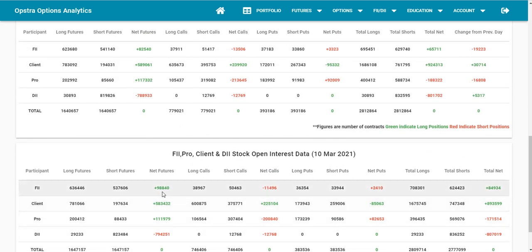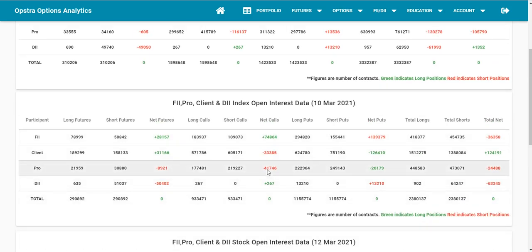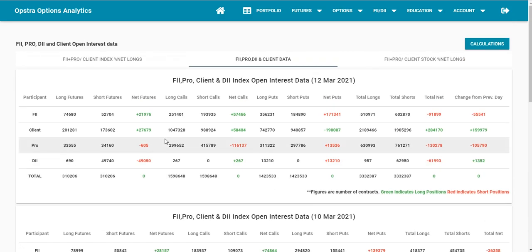So if you look into this, FII had 98,000 contracts on 10th March, but it has reduced to 82,500 contracts on 12th March. So I hope this gives you clarity on how to read the futures side data, whether the positions are net long or short right now, or how much change happened from the previous day. You should be able to tell going forward, following this data wherever you see.